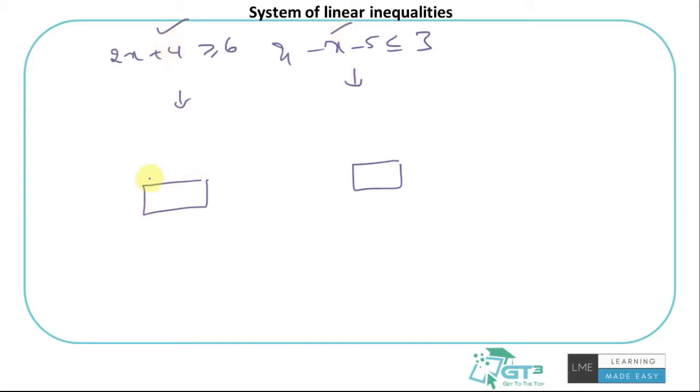So let's say certain values like 1 and 3: x between 1 and 3 is satisfying this inequality, and x between 2 and 5 is satisfying this one. When will I satisfy both the equations? When x is between 2 to 3. Because x can be between 2 to 3 here, and x can be between 2 to 3 here.